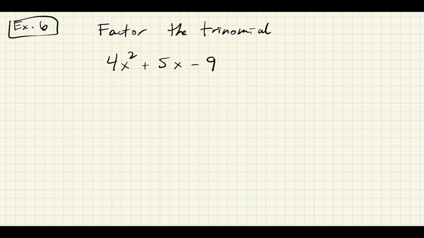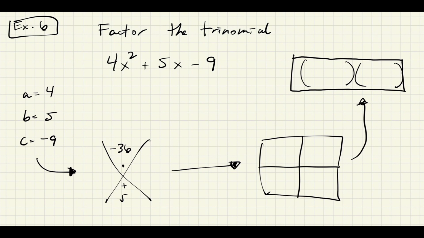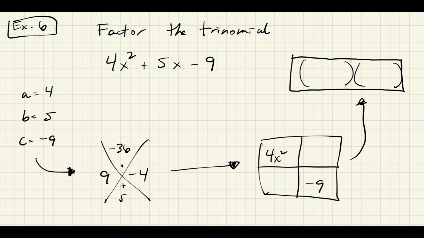To be negative 36 and add to 5, was that 9 and negative 4? So with 4x squared, I have two options.